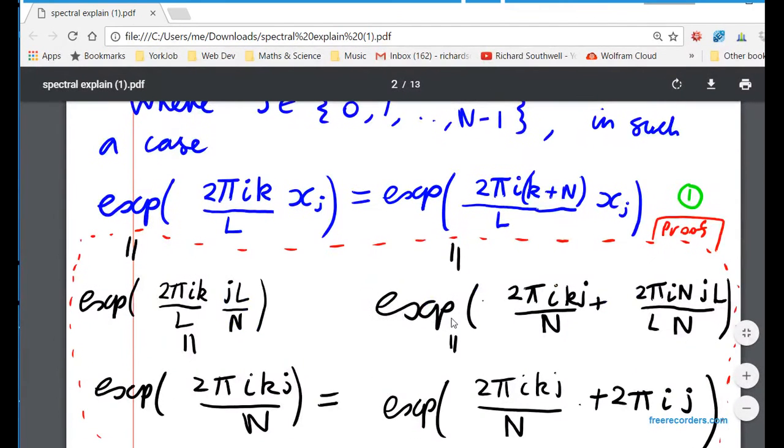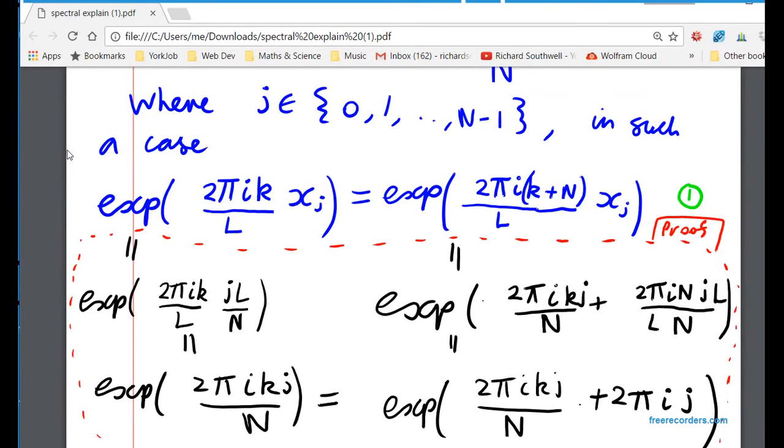So to put it more explicitly, exponential of 2 pi i k divided by L times xj is equal to exponential of 2 pi i times k plus n divided by L times xj.